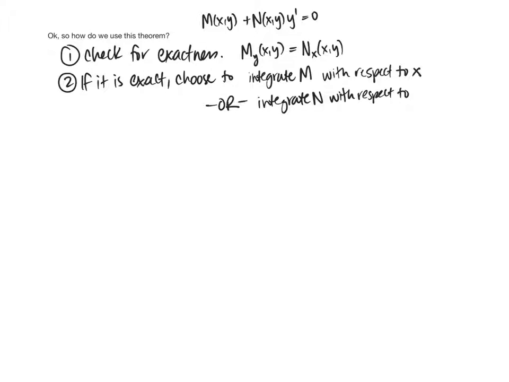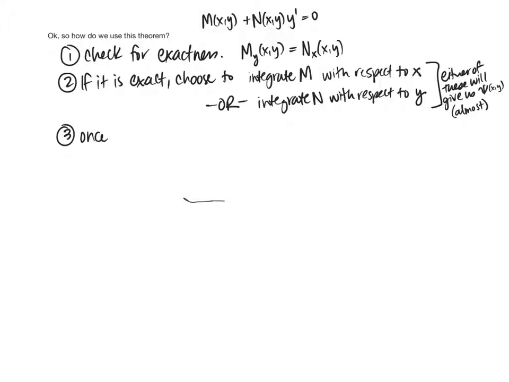Well, what is N? N is the partial derivative of psi with respect to y. So I need to integrate N with respect to y to get back to my psi. Okay. Then I want to take, so let me just say one more thing here. So either of these will give us the psi, almost.